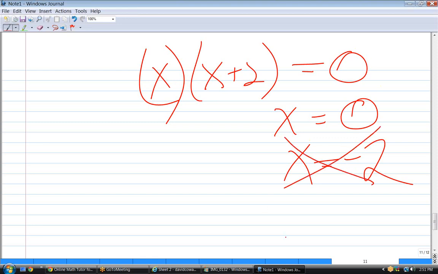It's called an extraneous solution. For years I thought, how can you have extraneous solutions in math? Math is so precise. But the rule says that really only one of these things has to be 0. In reality, we let both of them be 0 in order to solve for the two solutions, but only one of them has to be 0.